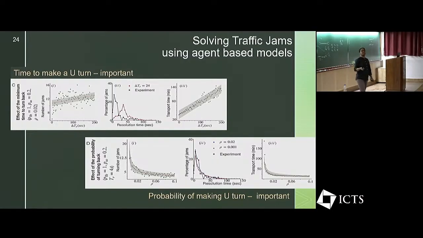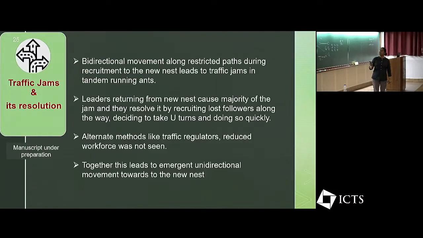So when you're stuck in a jam, returning leaders taking U-turns very quickly seems to be the answer for solving it. So bidirectional movement along restricted paths during recruitment to a new nest leads to traffic jams. For the first time, we're finding traffic jams in ants.